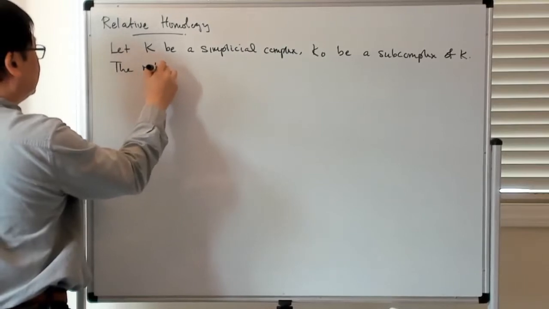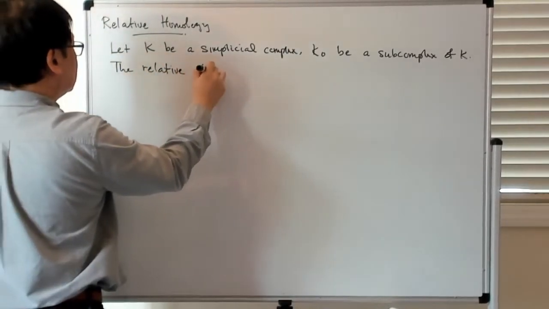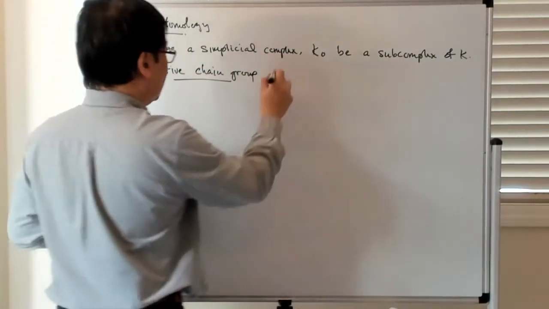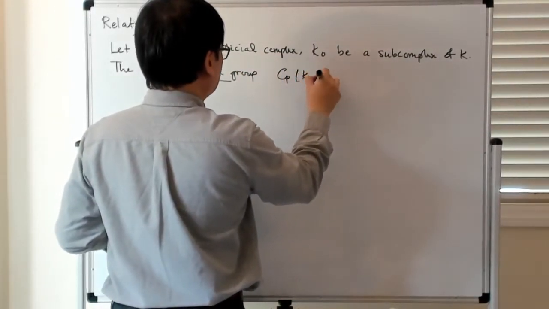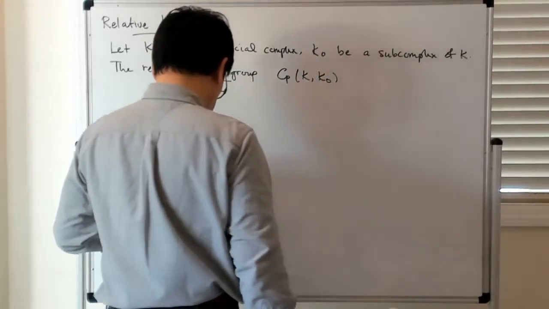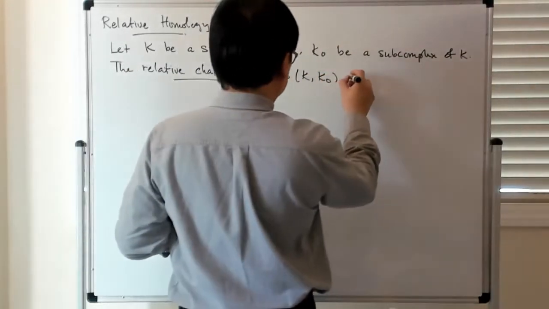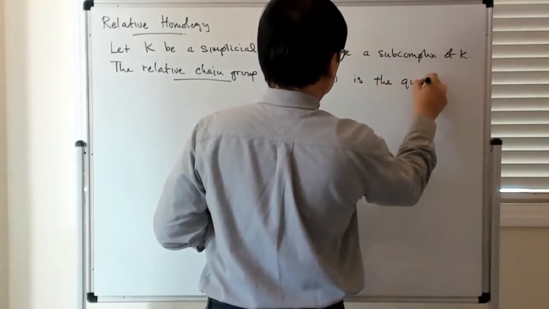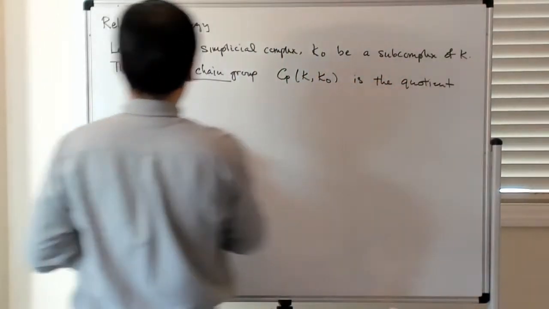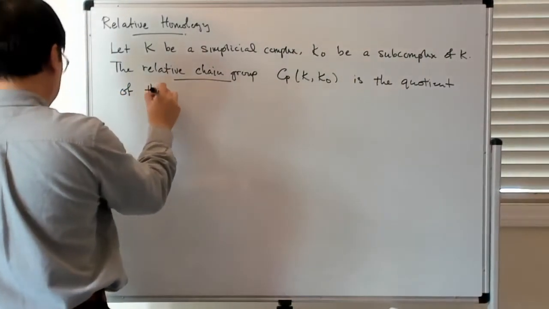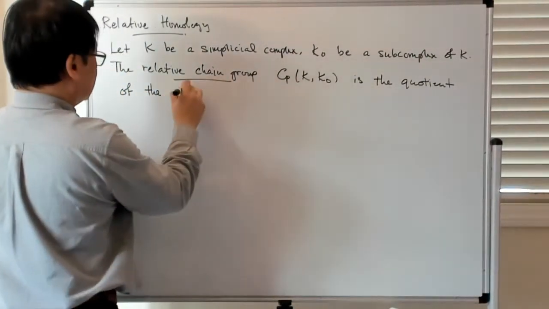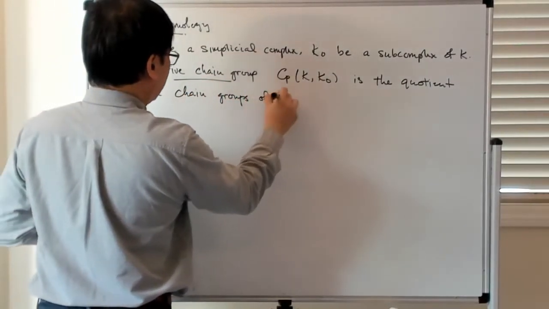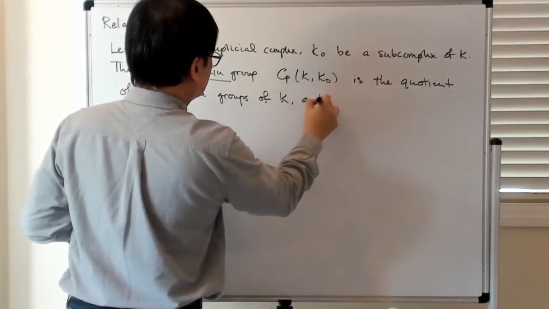So the relative chain group, which I denote by C_p(K, K0), is just the quotient of the chain groups of K and K0.